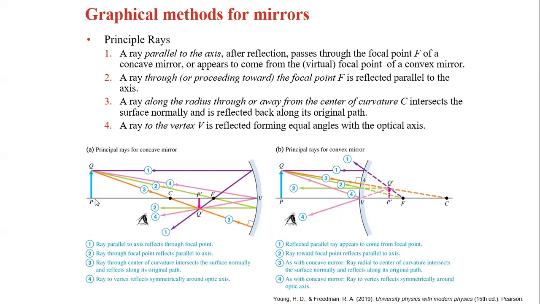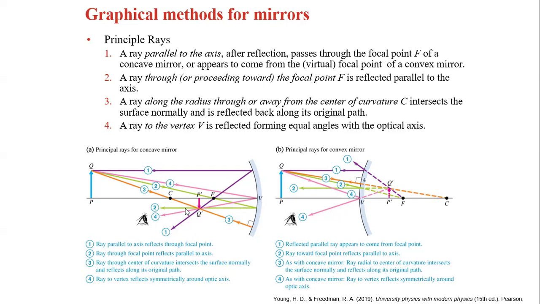It is parallel to our axis, and it reflects through the focal point. After it hits the mirror, it reflects passing through the focal point. The second ray is a ray through the focal point; after it reflects, it is parallel to the axis.